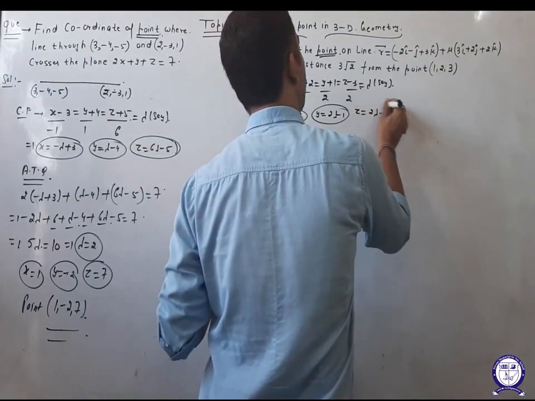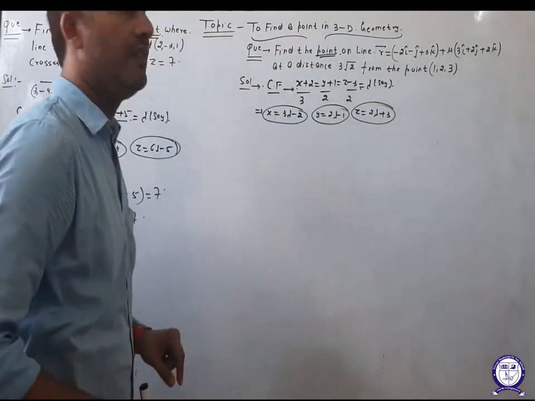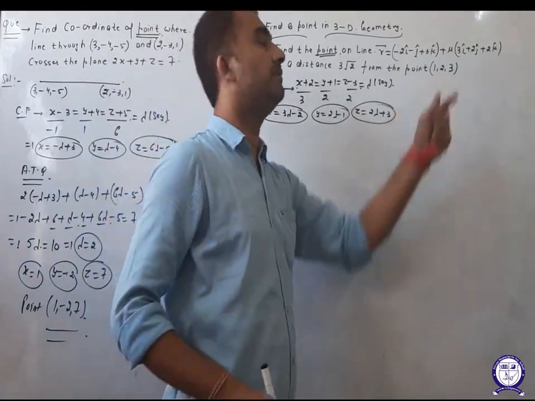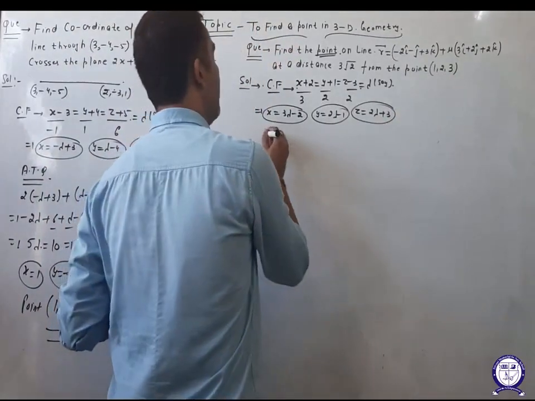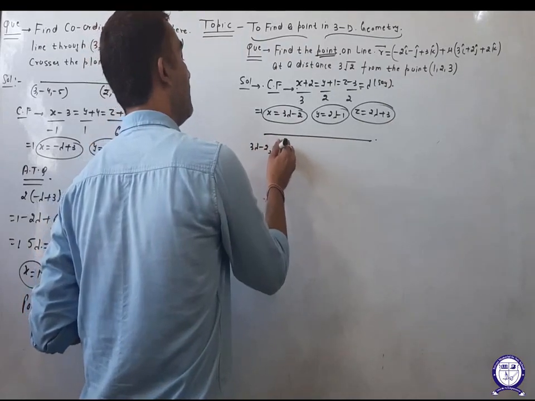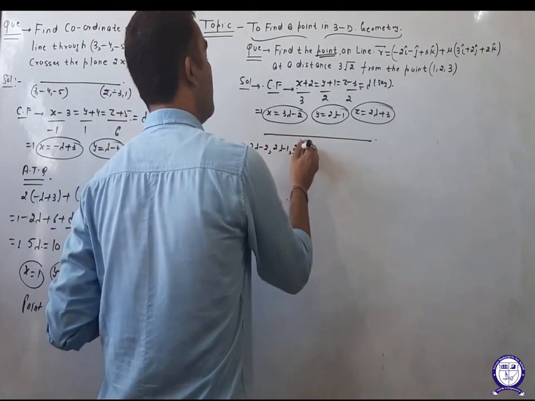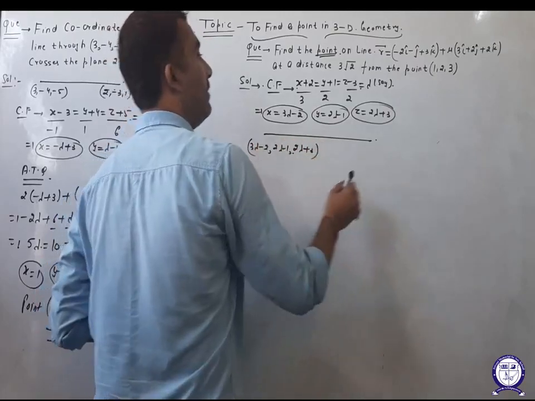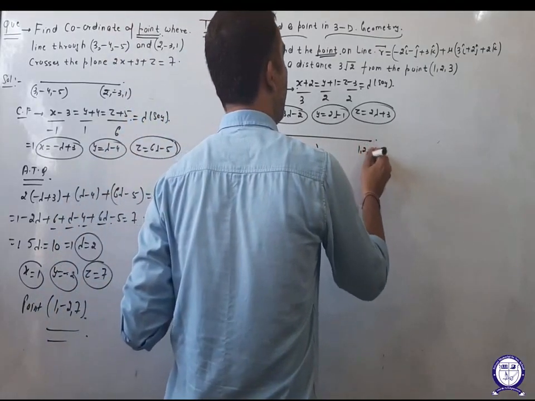2 lambda plus 3. According to the question, the distance between two points is given. The first point is represented as 3 lambda minus 2, 2 lambda minus 1, 2 lambda plus 3, and the second point is 1 comma 2 comma 3.